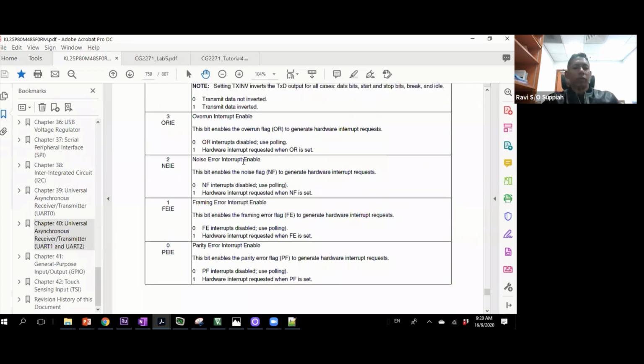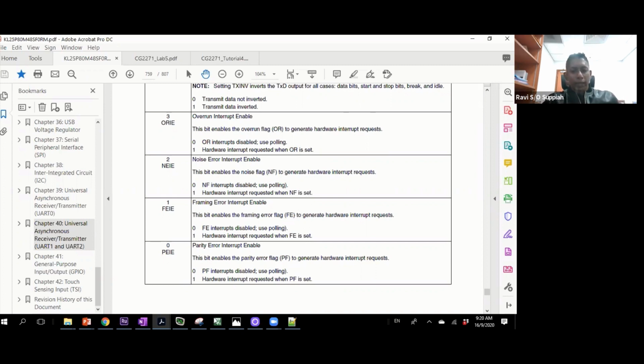If you look at these 4 errors: overrun error, noise error, framing error, and parity error, these are the different types of errors that the hardware can detect for you. If you want to detect and handle these error cases, then you can enable interrupts and use interrupts to figure out what went wrong.